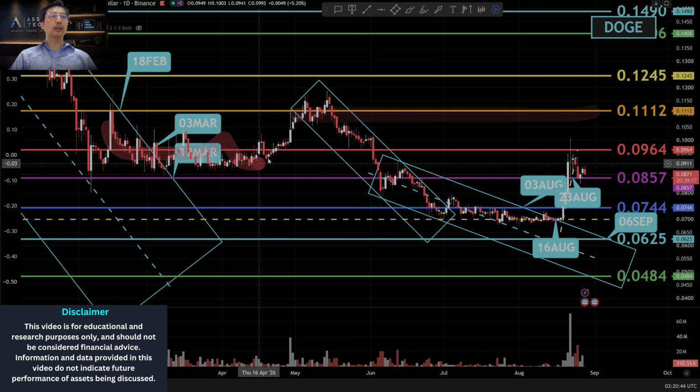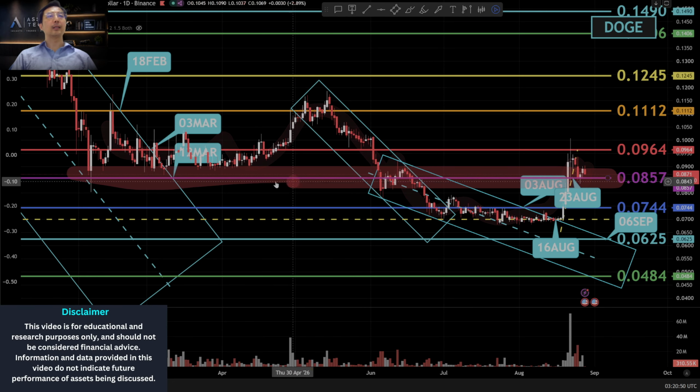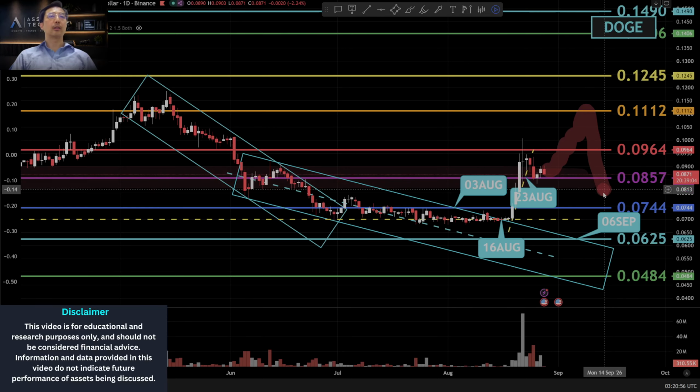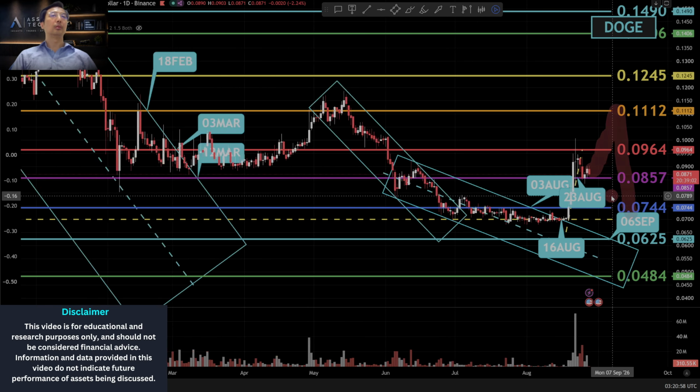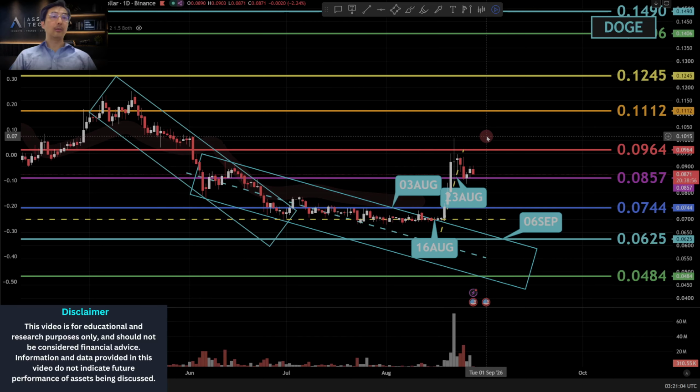That's the sideways range it has been traveling around, and the center lies around the purple key level. So if it continues to trade towards orange and comes back down to the blue, that's still within what Doge has been doing over the past half a year.